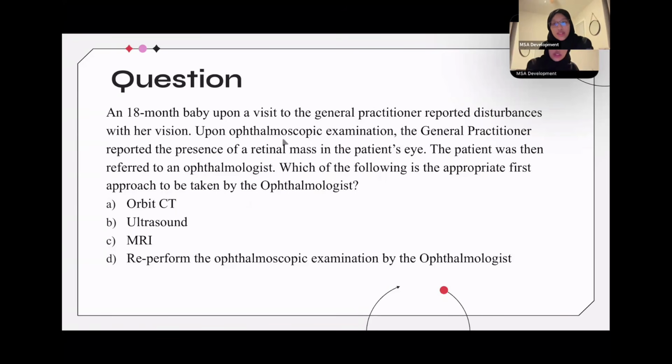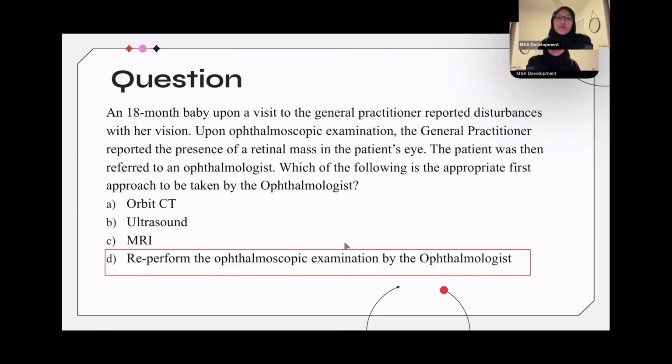Concern for this retinal mass is obviously emergency retinoblastoma, but as an ophthalmologist, they would re-perform the test with the red reflex. They have to see if there's a white reflex or the actual mass before going into doing MRI or CT. So re-perform the exam and then see if it's concerning for retinoblastoma.